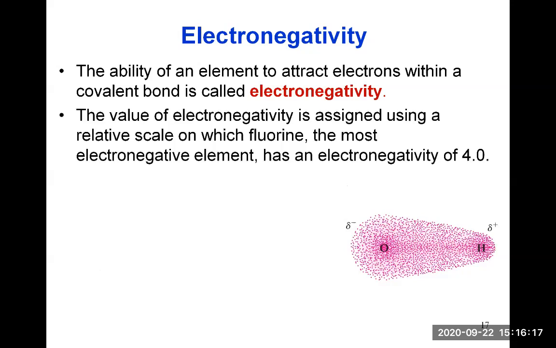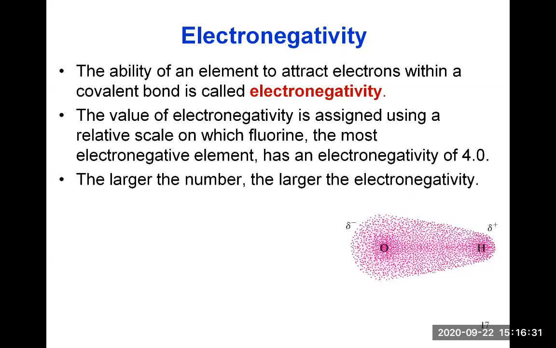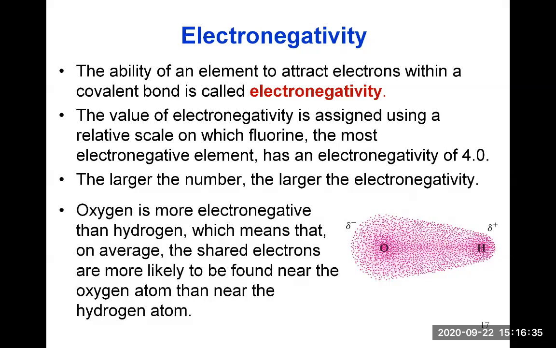The value of the electronegativity is assigned using a relative scale on which fluorine, the most electronegative element, has an electronegativity of 4.0. And the larger the number, the larger the electronegativity.